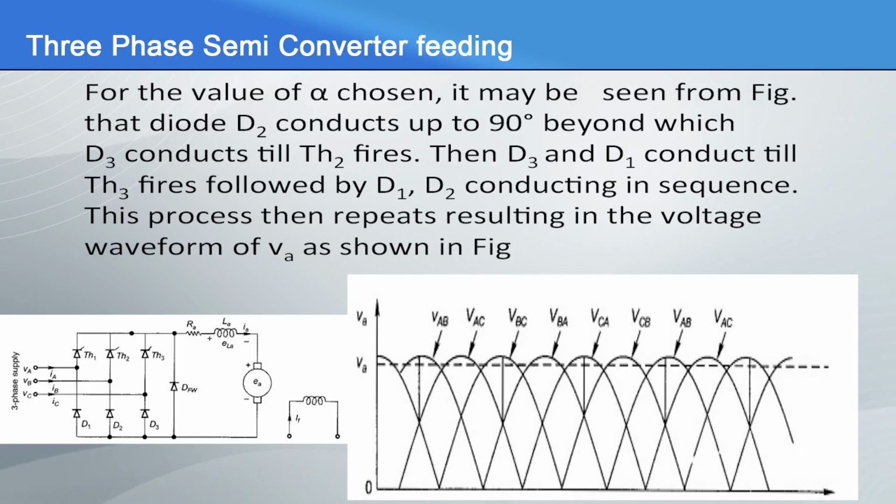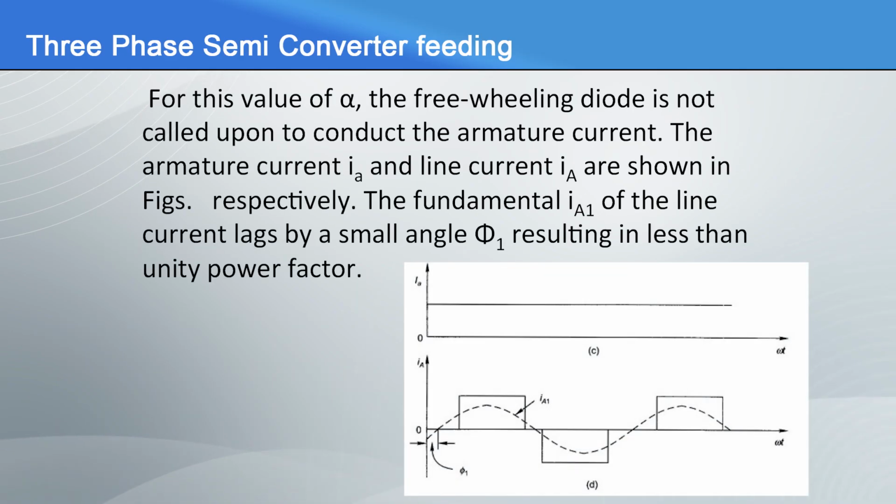This process then repeats, resulting in the voltage waveform of VA as shown in the figure. For this value of alpha, the freewheeling diode is not called upon to conduct the armature current. The armature current IA and line current IA are shown in the figure respectively. The fundamental IA1 of the line current lags by a small angle phi 1, resulting in less than unity power factor.